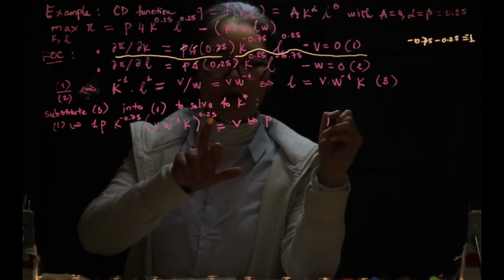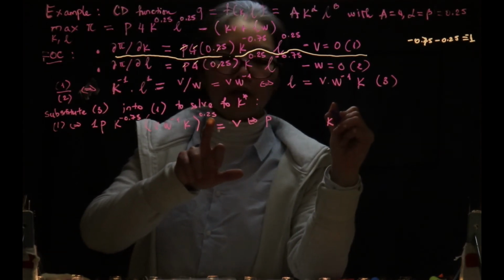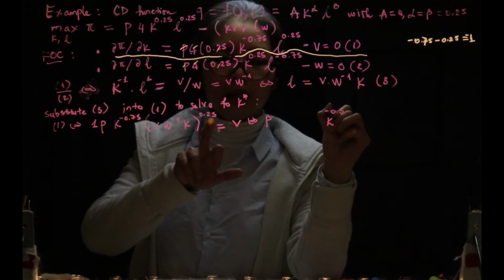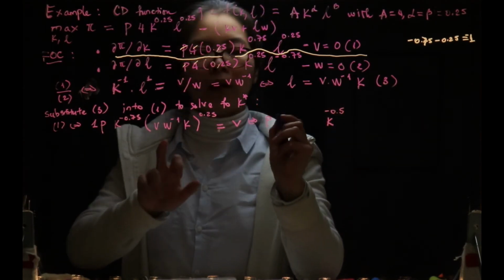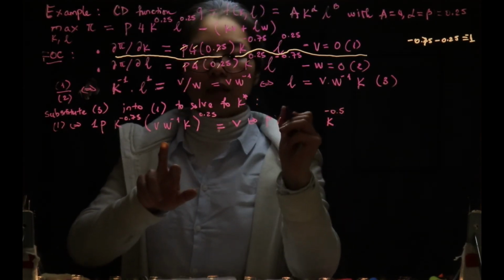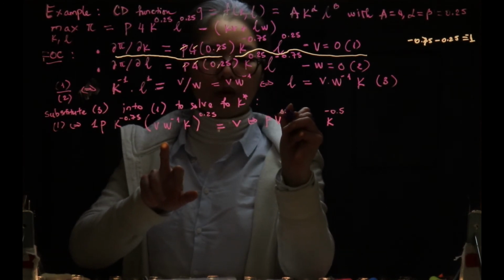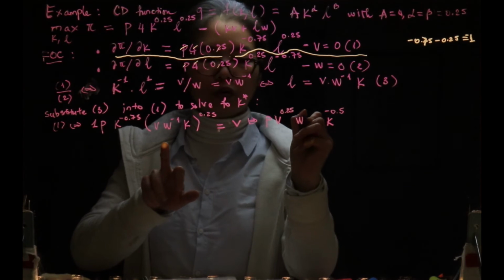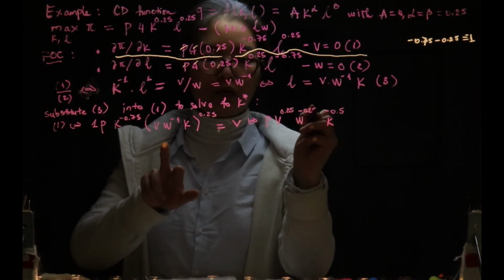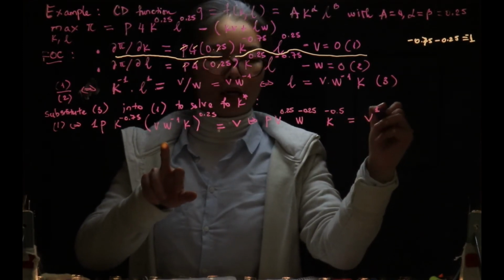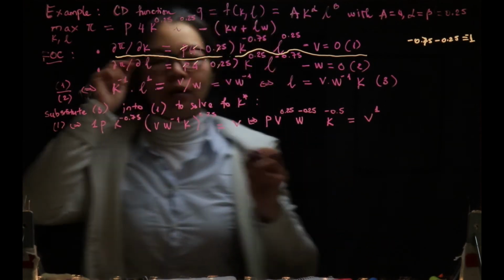K to the power of 0.5 with the minus in front, right? And then V times, to the power of 0.25, and W to the power of minus 0.25 equals V to the power 1 on the other side.